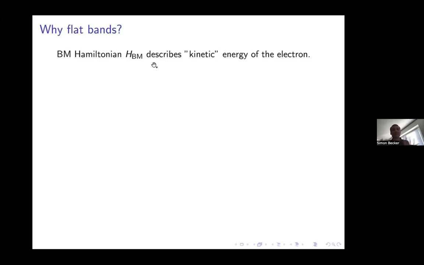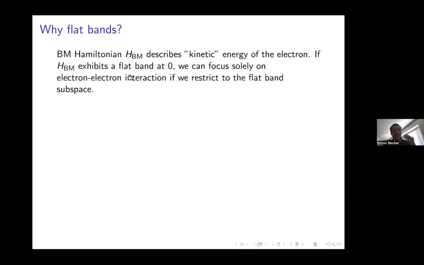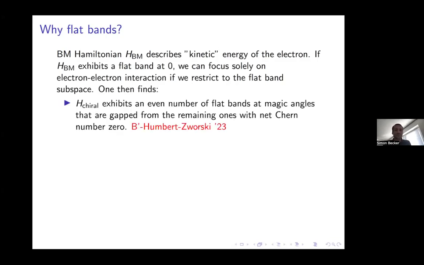So if we think of this as the kinetic energy, the Bistritzer-MacDonald Hamiltonian we're describing right now, then if we have this flat band, as I was trying to tell you, this means that now we can focus on these electron-electron interactions. So why can we do this? Well, one mathematical argument that one can bring forward is that in this Carroll limit at least, what you can show is that when you have these flat bands, there's actually a spectral gap to all other bands.